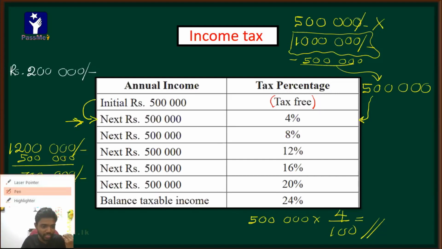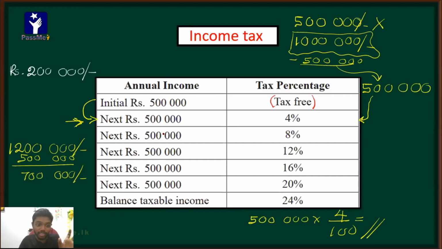Okay, I'll change the color. Now you have 7 lakhs. From that 7 lakhs, this 5 lakhs should be multiplied with 4%, and that gives 200,000. That means 2 lakhs you have left over.